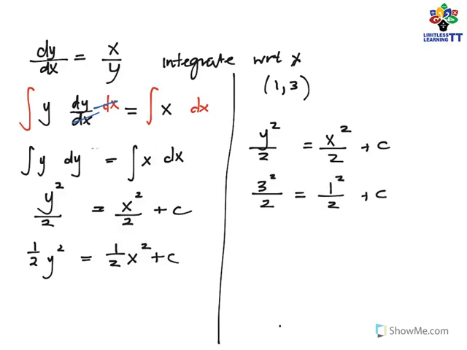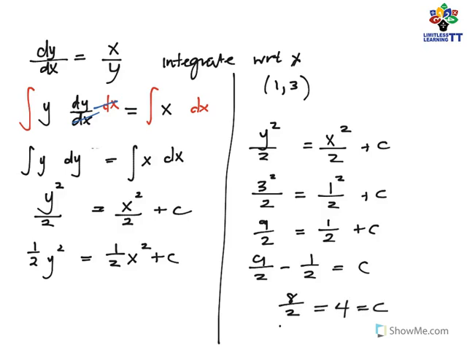So 9 over 2 is equal to 1/2 plus c. 9 over 2 minus 1/2 is equal to c. 9 over 2 minus 1/2 will give me 8 over 2, which is equal to 4, which is equal to c.